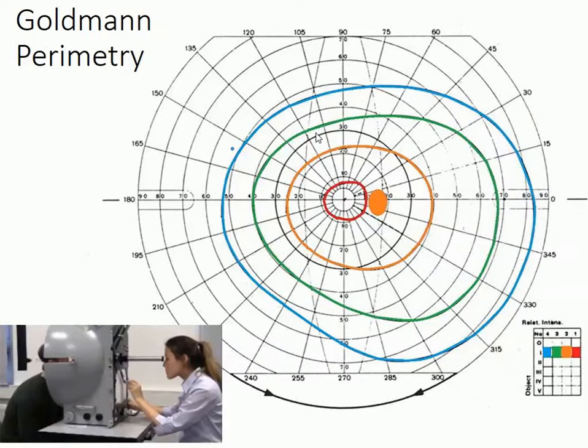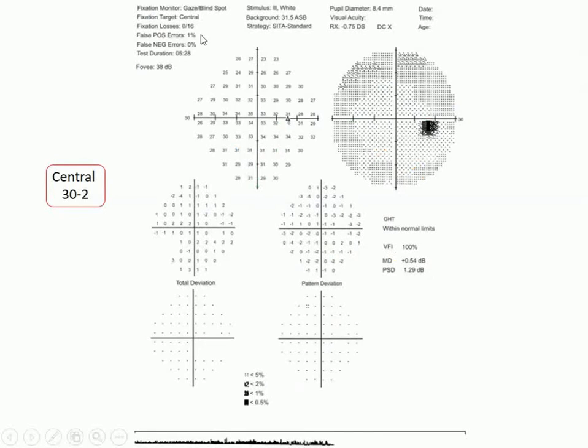And so that led to an effort to focus just on testing the central 30 degrees. And that led us to this test here, which is an automated test that tests the central 30 degrees.